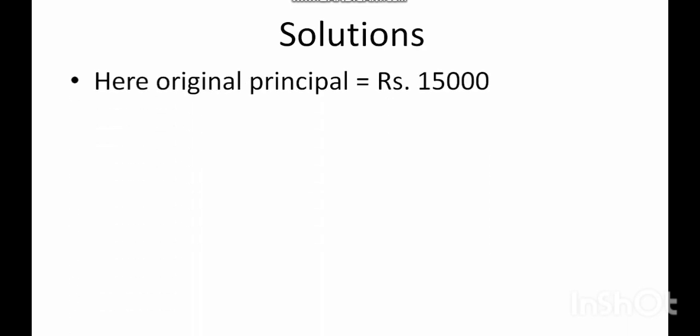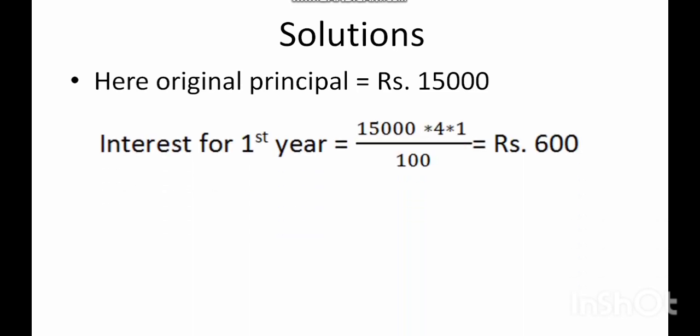Here the original principal given is 15,000 rupees. Now we have to find the interest for the first year. We apply the simple interest formula: 15,000 into 4 into 1, divided by 100. The time is always 1 because we are calculating interest for 1 year only.